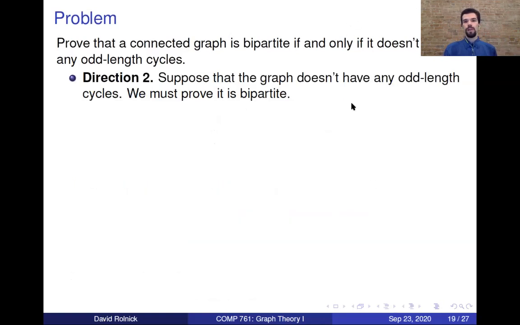Direction 2. Suppose that the graph doesn't have any odd length cycles. Now let's prove that it's bipartite. How can we do this?